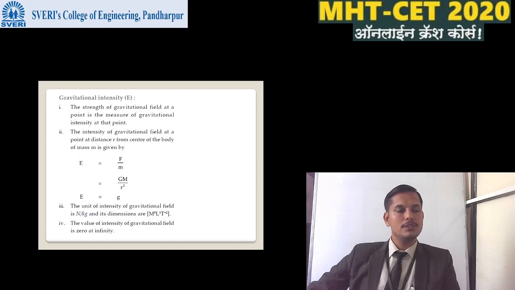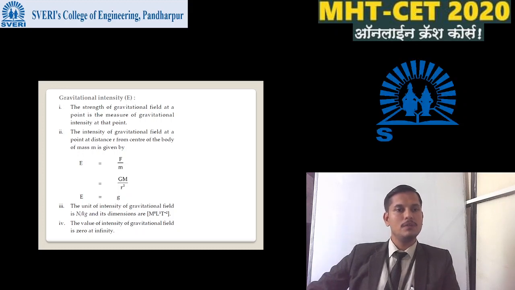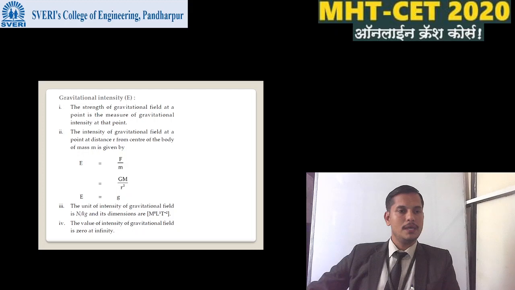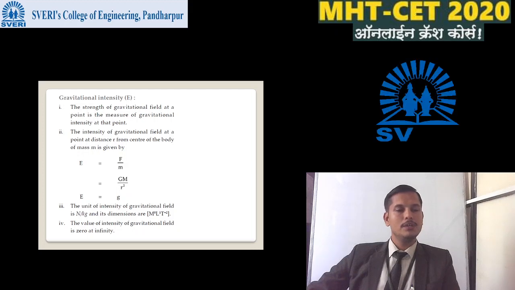Next, the intensity of gravitational field at a point at distance r from the center of the body of mass m is given by capital E is equal to F divided by m.